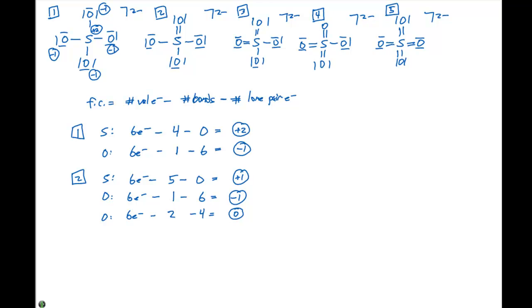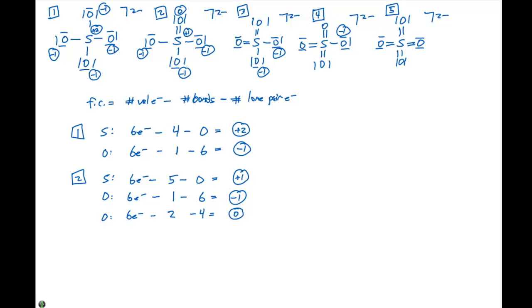So if we were going to assign formal charges to each of these atoms, the sulfur now has a +1 formal charge, the oxygen with the double bond is going to be 0, and the oxygens with the single bonds are going to be -1. And notice that each of these single bonded oxygens in both molecule number 1 and number 2 have a -1 formal charge. So since we can use the same formula, anytime we see oxygen with a single bond, it's going to have a -1 formal charge.